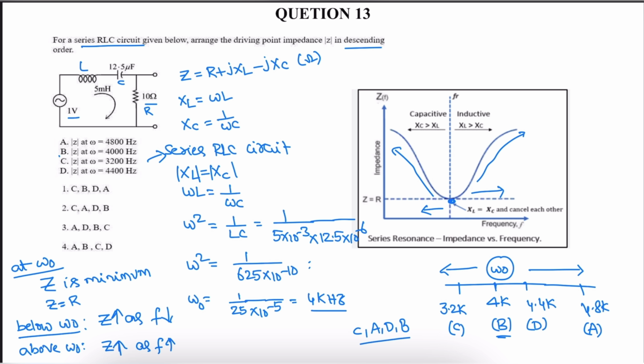Least value is at B, and next close to resonant frequency is 4.4k, that is D. The impedance at 3.2k and at 4.8k is the same, so it is either AC or CA: ACDB or CADB. From the given options, CADB is the correct one. So option 2 is correct.